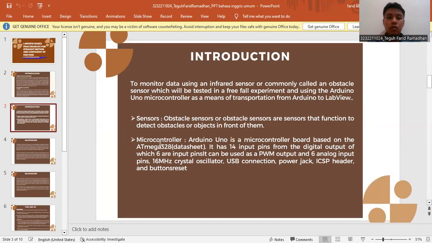Microcontroller: the Arduino Uno is a microcontroller board based on the Atmega chip.